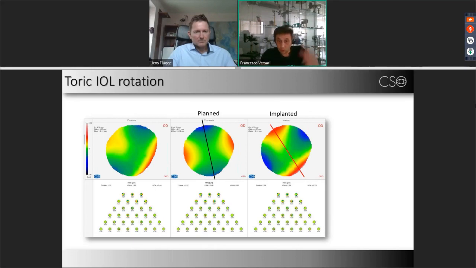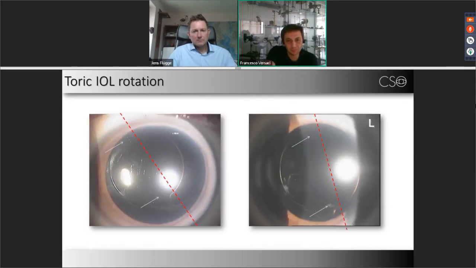And so this confirms the rotation of the lens with respect to the expected position, and this is the angle by which the surgeon has to correct the position of the IOL.